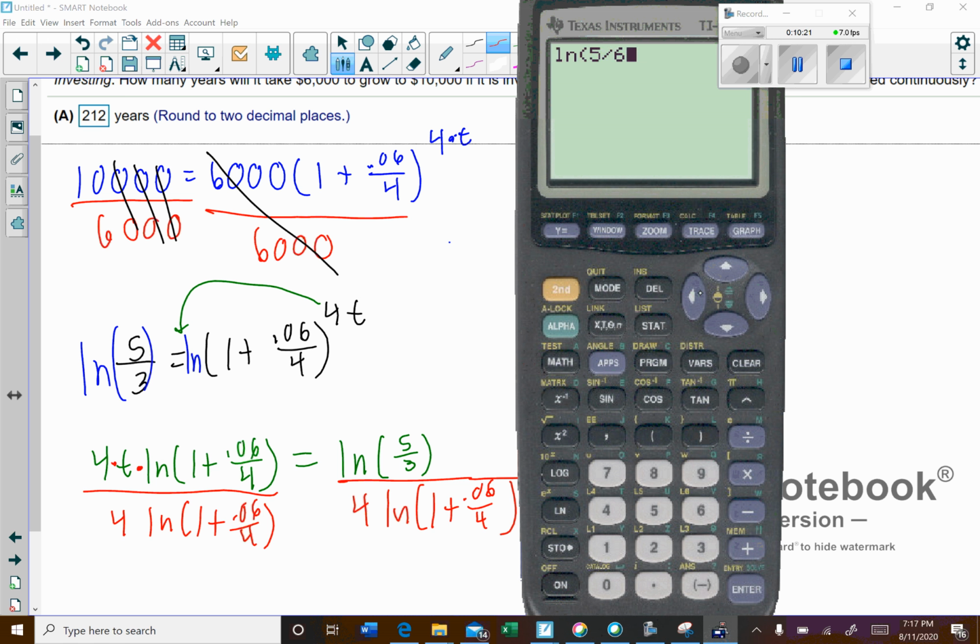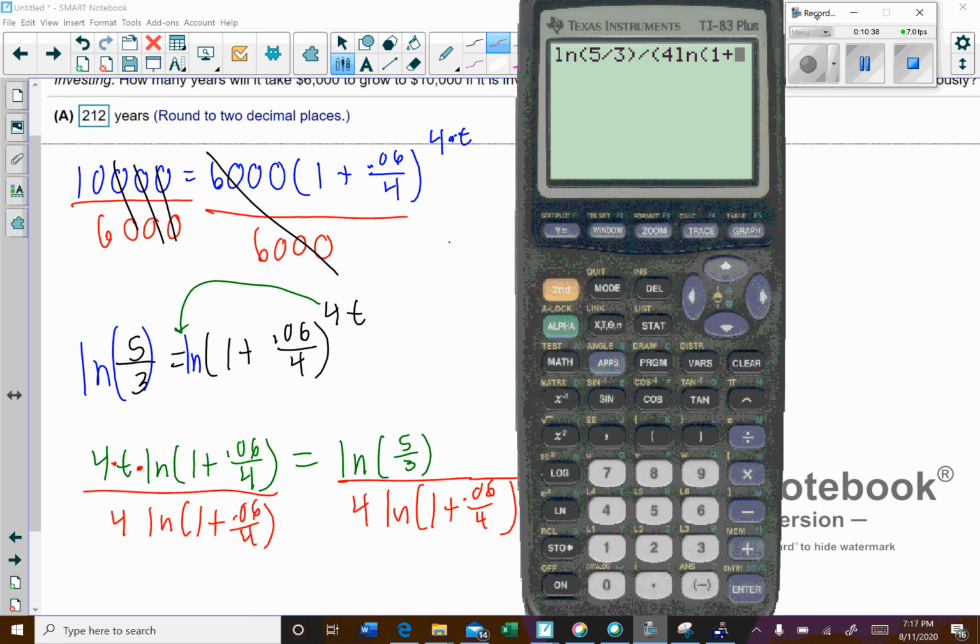Now when I divide, I need to open up a parentheses, because I want to divide by 4 and also by the natural log of 1 plus 0.06 divided by 4, close it, and then close it a second time.